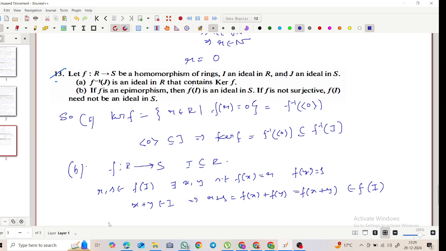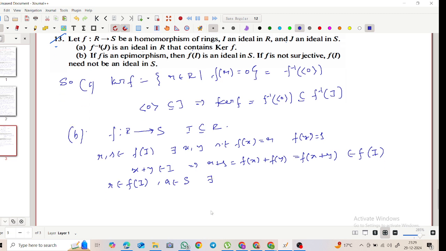And again, say r belongs to f(I) and a belongs to S. There exist x belonging to I, y belonging to R such that f(x) is r and f(y) is a.